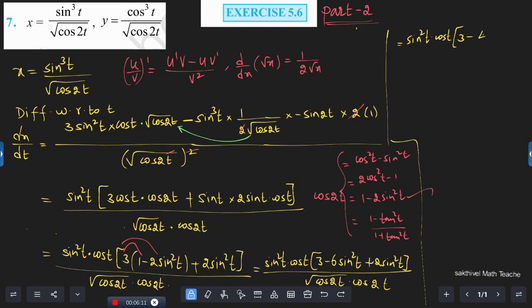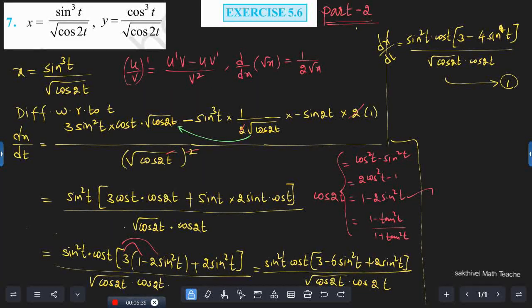When you subtract, I'm getting 4 sine square t, balance divided by square root of cos 2t into cos 2t. That's it. Inside only sine is there. Enough, you can stop. This is dx divided by dt, answer number 1.